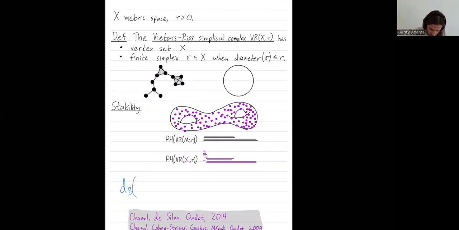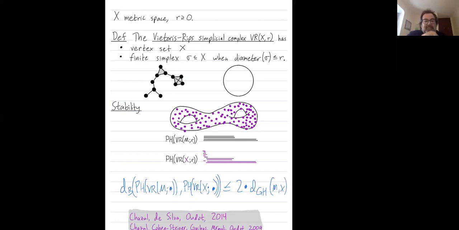So if I have two metric spaces, M and X, I look at the persistent homology of the Rips complex of M, I look at the persistent homology of the Rips complex of X, and the bottleneck distance between those barcodes is bounded by at most twice the Gromov-Hausdorff distance between M and X, okay?